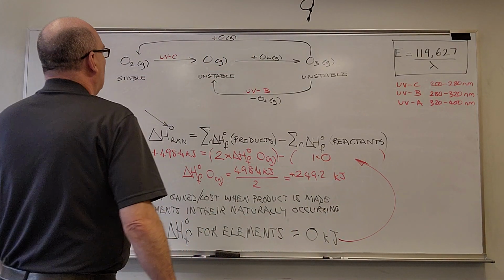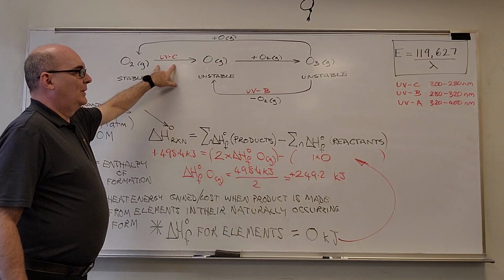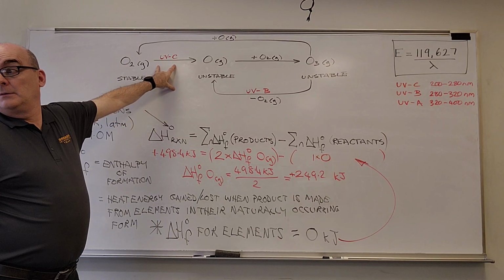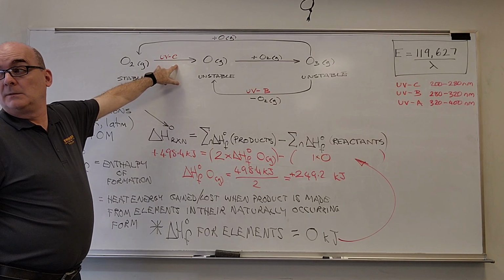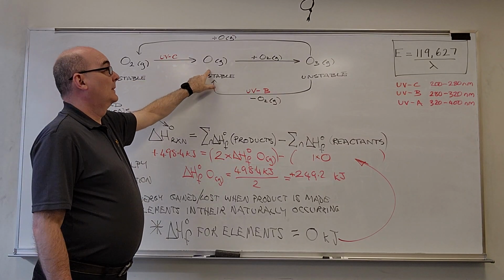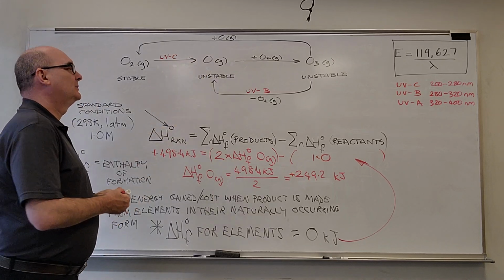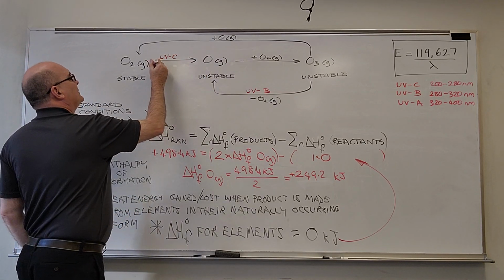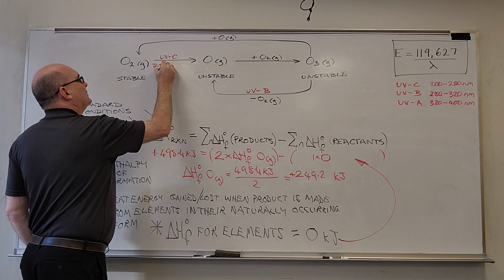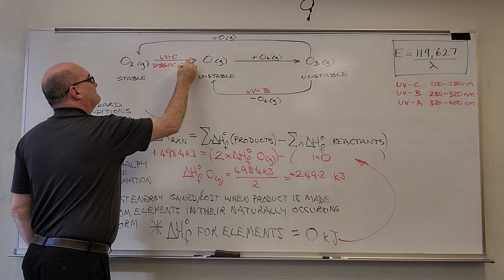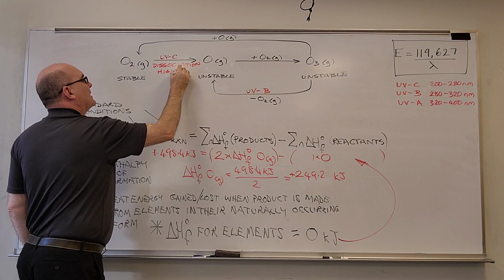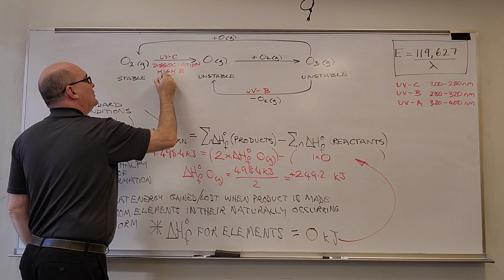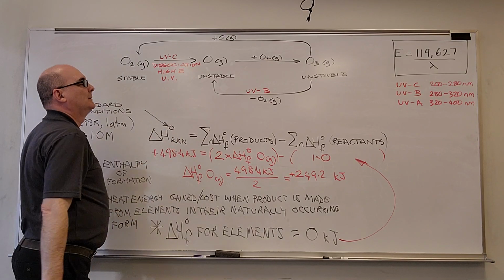So, when you put the high energy radiation in, you do the dissociation. This is called a dissociation. And this is the high energy ultraviolet.